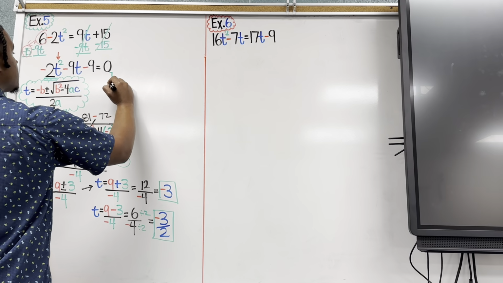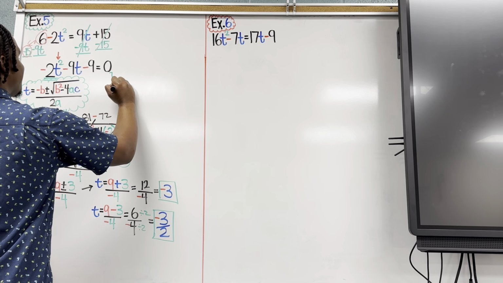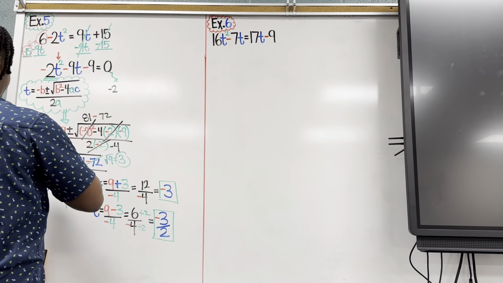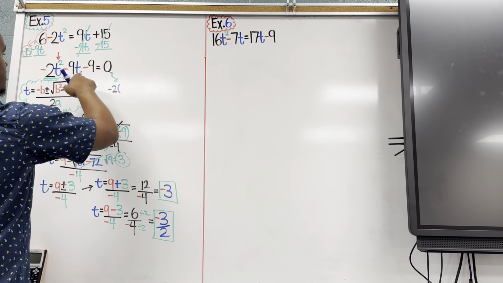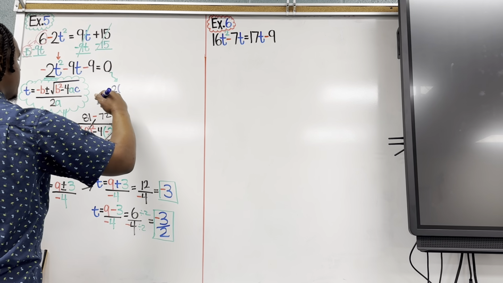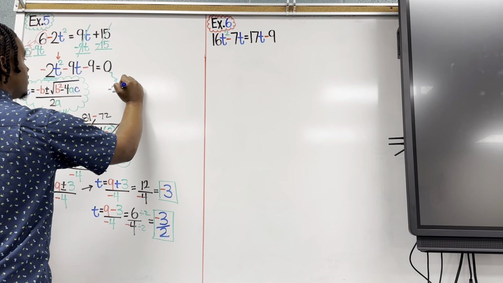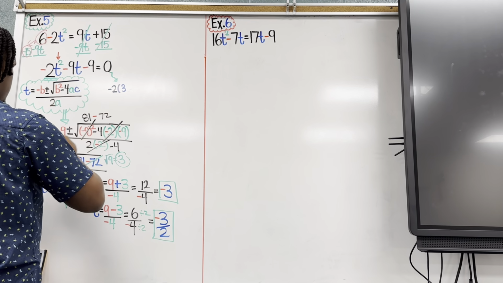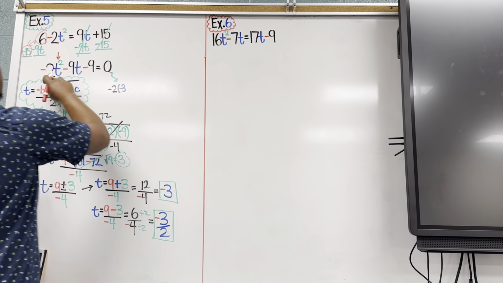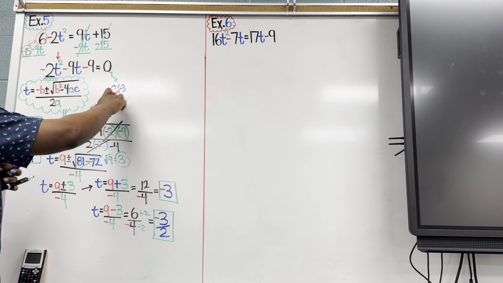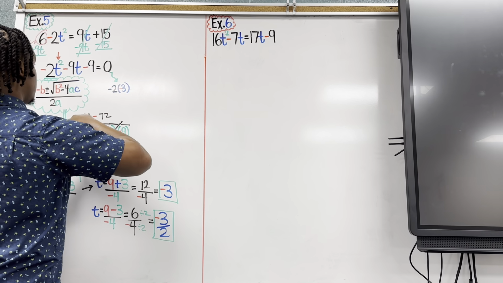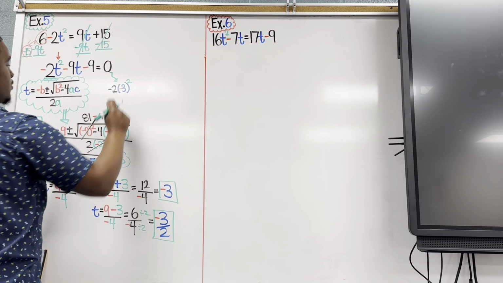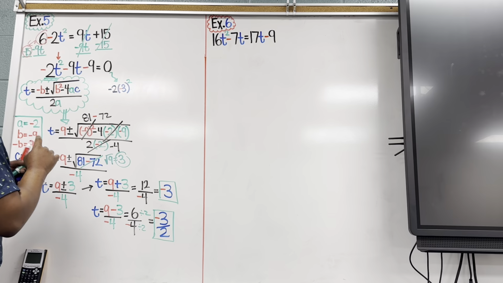We're going to plug in negative 3 as t, so we can prove that it is a zero or a root of this quadratic equation. So we're going to have negative 2 times negative 3 squared. All I'm doing is plugging in negative 3 as t.